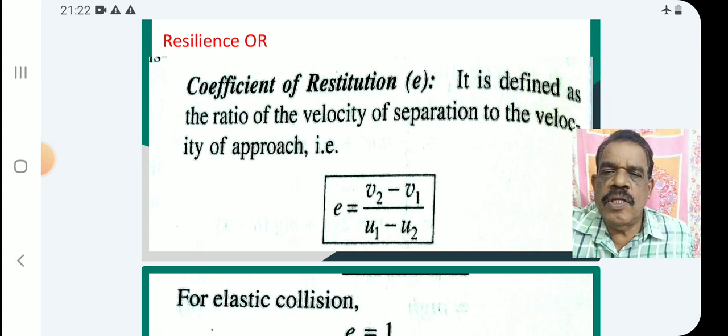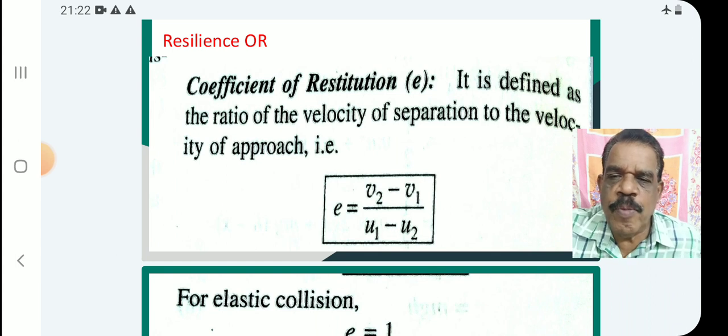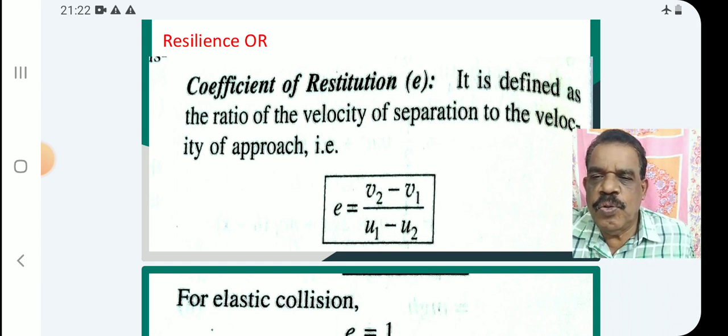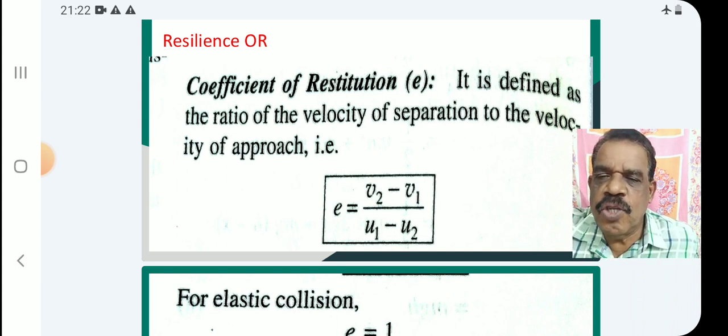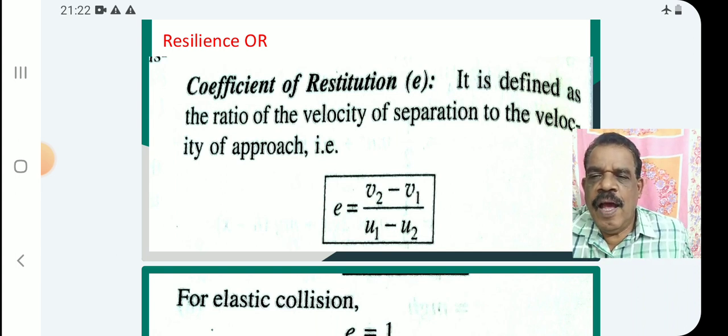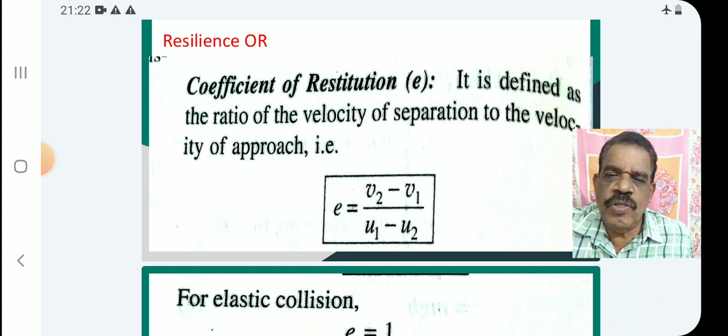In collision there are two velocities before impact and two velocities after impact. Velocities u1 and u2 before impact, velocity v1 and v2 after impact. u1 minus u2 is called relative velocity before impact, and v2 minus v1 is called relative velocity after impact.